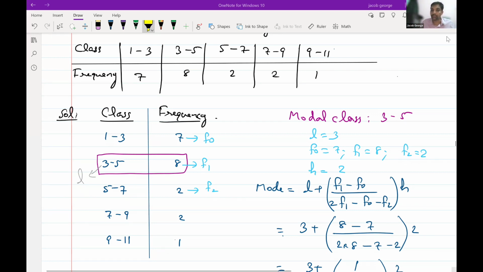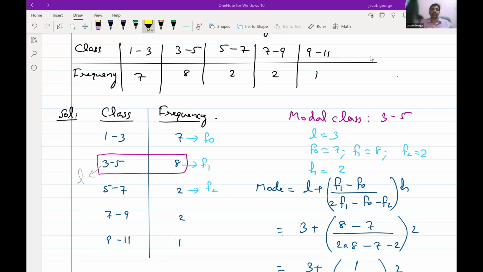Everybody understood the marking of F0, F1 and F2, Arjun Das? Can you repeat? F1 is the highest frequency. What is the highest frequency here? 8 is the highest frequency, right? So that will be F1. Just preceding the highest frequency, just above it, is F0. And below that highest frequency is F2. Is that clear?